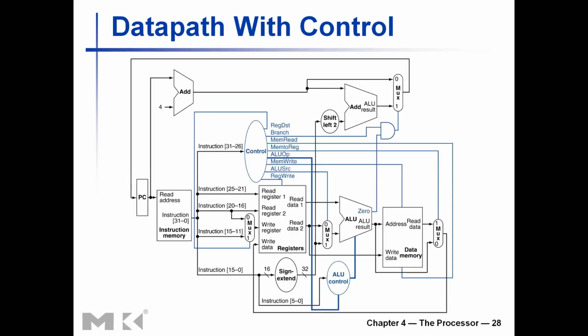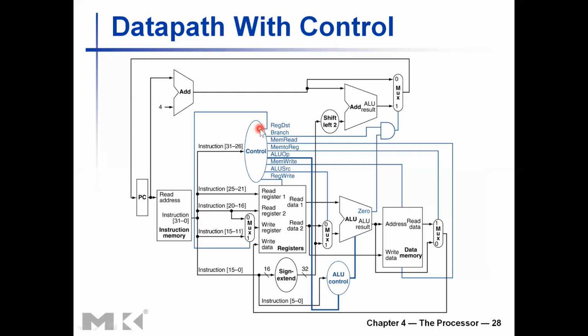Right, so this is an overview diagram of our data path, the data path that we previously had a look at, with the control unit added for our selected instructions: load word, store word, branch if equal, and R-type instruction. You can see the control unit is generating a set of control signals in blue color here to control different parts of the data path.